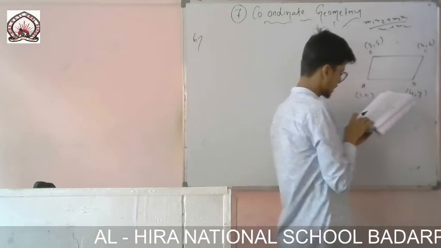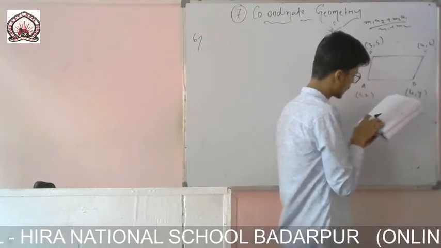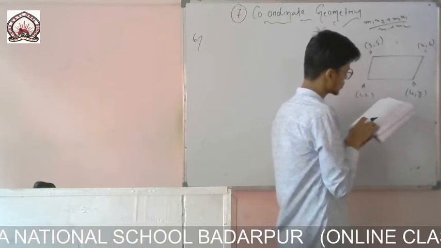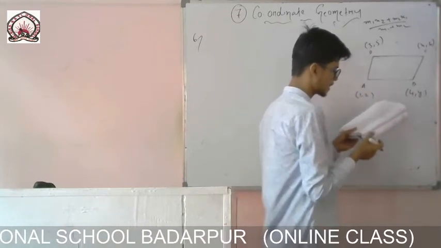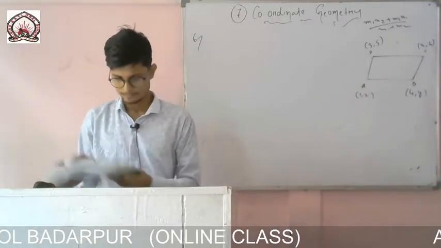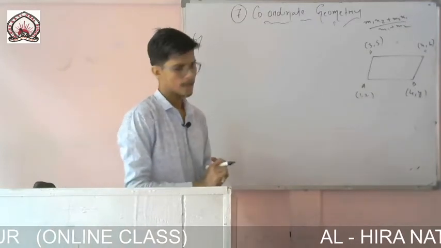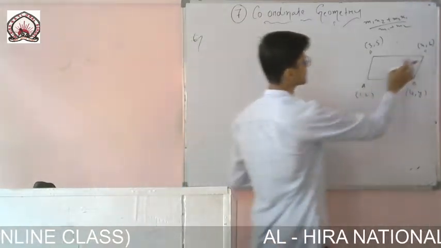So (1, 2), (4, y), (x, 6), (3, 5) are the vertices of a parallelogram taken in order. Find the values of x and y.